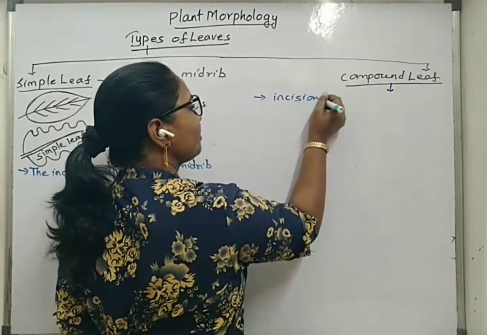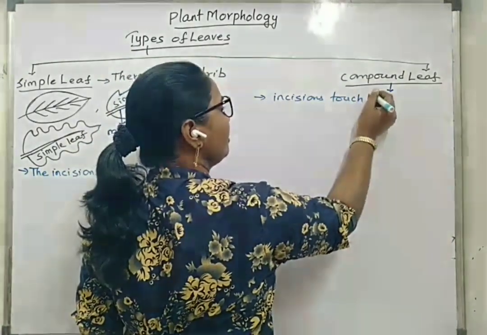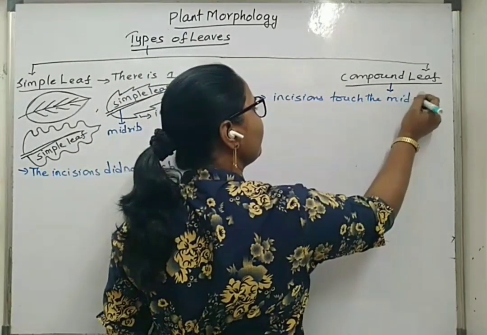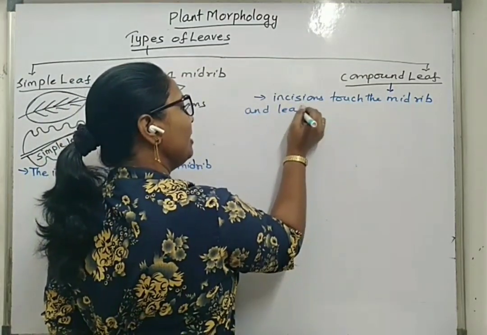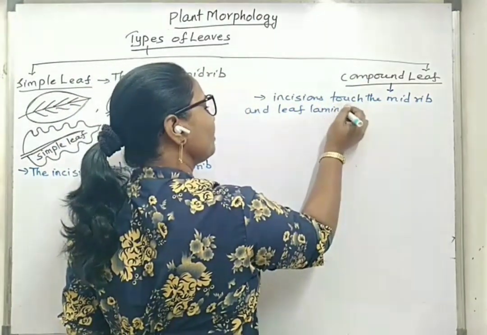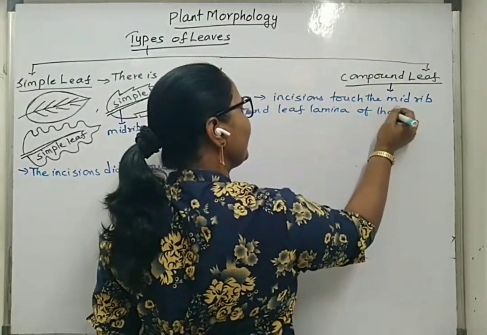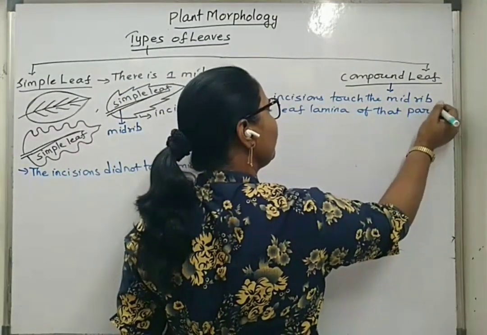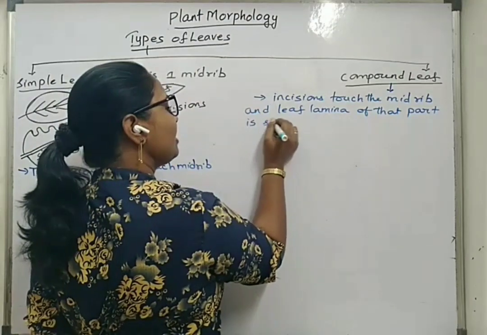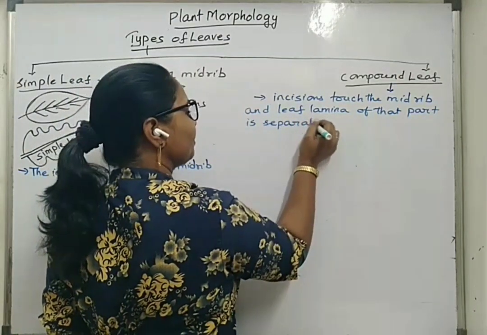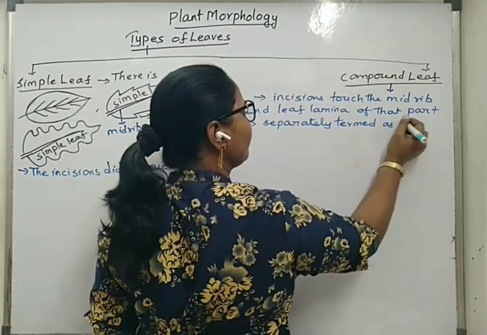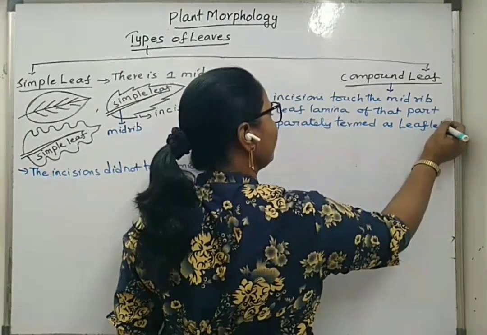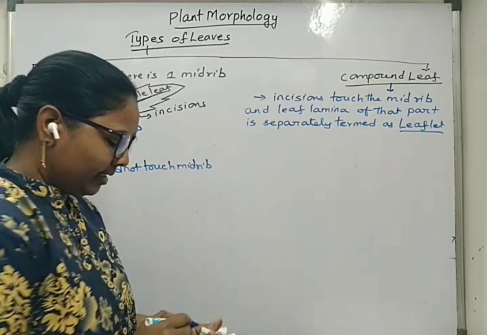Incisions touch the midrib and the leaf lamina of that part is separately termed as leaflet.